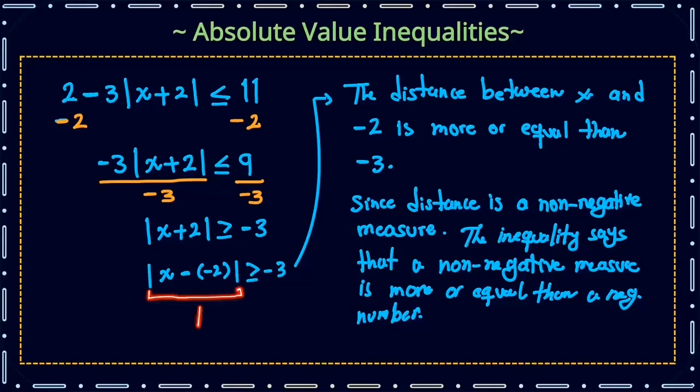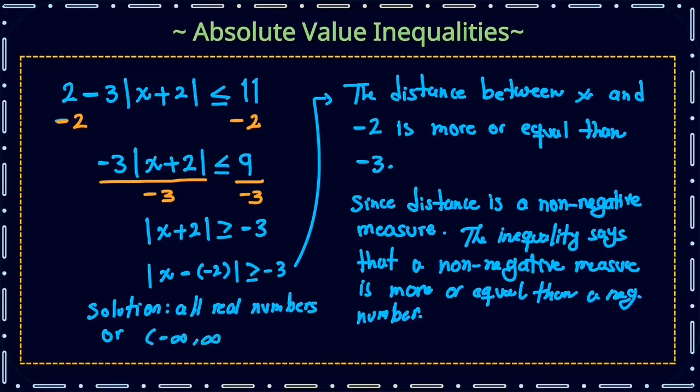Let's say 10. 10 is in fact greater than negative 3. So no matter what x is, you're always going to get a correct statement, meaning that the solution to this inequality is all real numbers, or x could be from negative infinity to infinity.